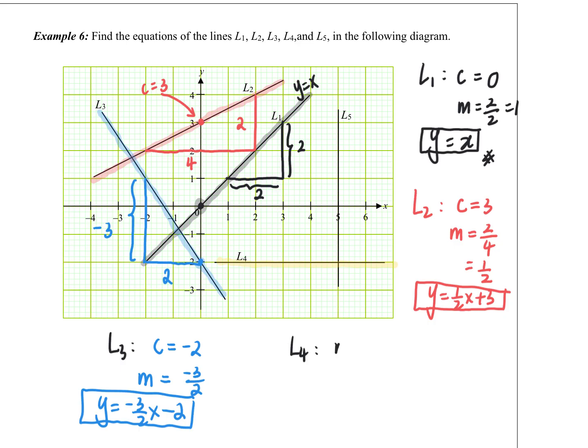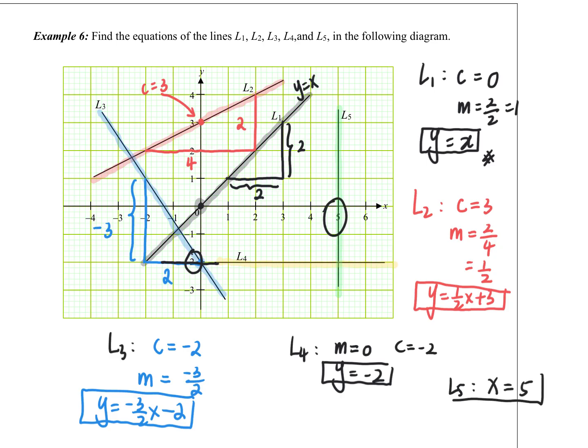Gradient is 0. So when gradient is 0, you just need the y-intercept, which is at minus 2. So y equals minus 2. That's all. And then last one, L5, is a vertical line. Undefined gradient. So it's x equals what? 5. That's it. Okay, break.